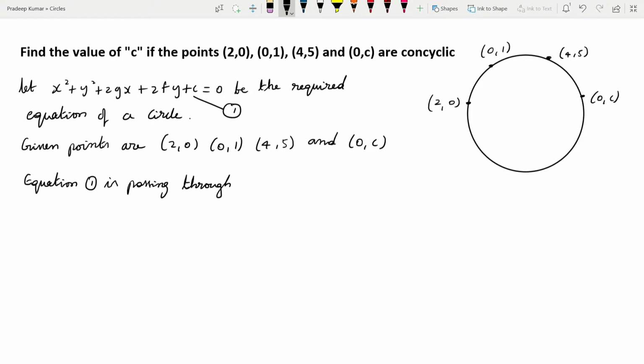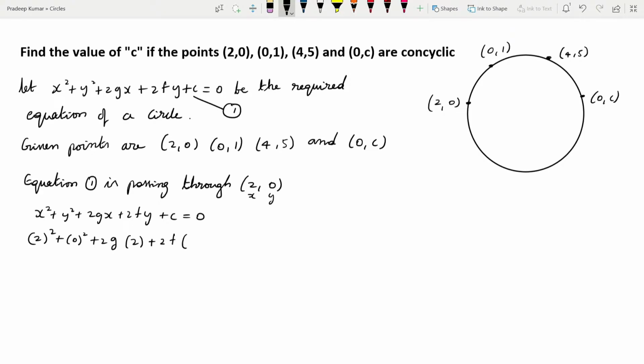the first point, that is (2, 0). So let's write the general equation x squared plus y squared plus 2gx plus 2fy plus c equal to 0. This (2, 0) I'll take as x and y. So this is 2 squared plus 0 squared plus 2 into g into 2 plus 2f into 0 plus c, which we'll write as it is.